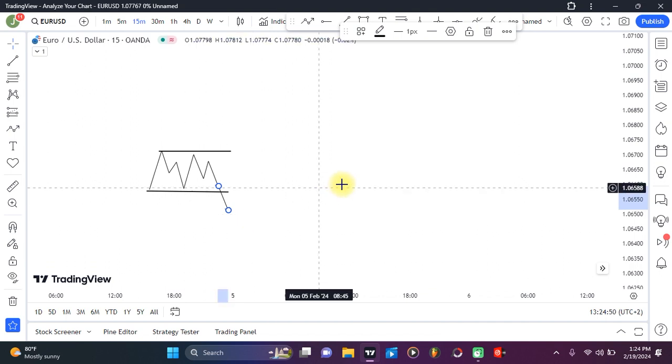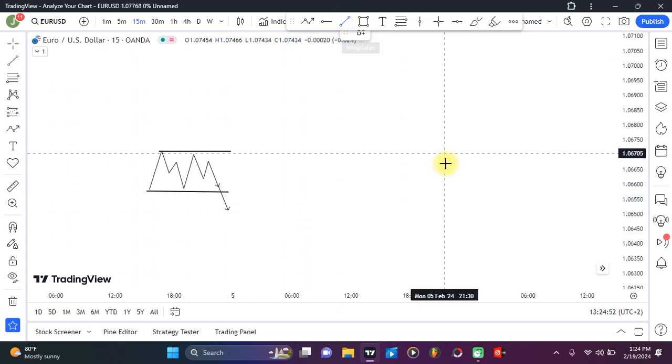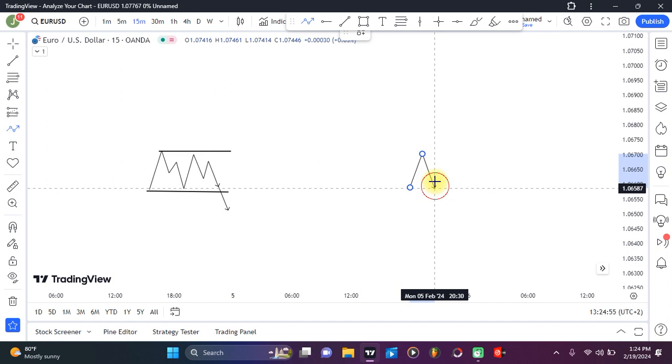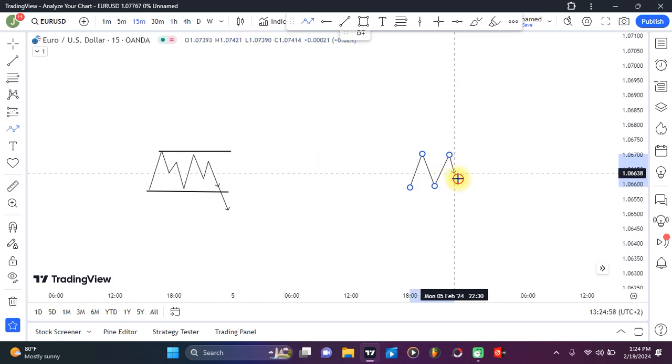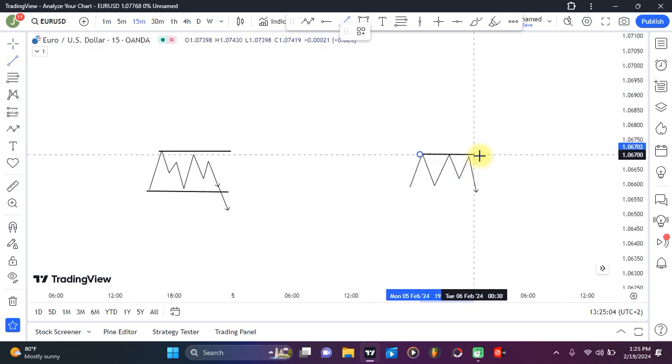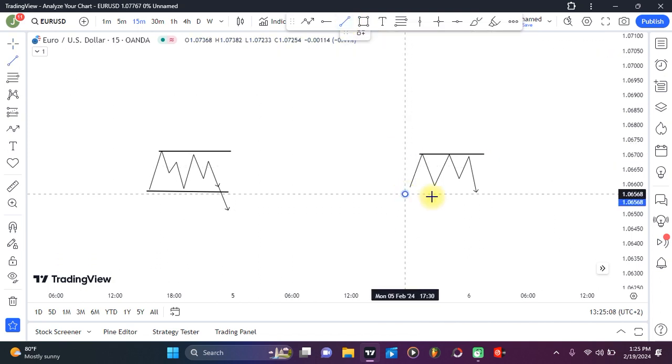And then for selling opportunities, we're going to wait for the same thing to happen. We're going to wait for the Asian session to play out first to give us a structure that we can work with, and then when the Asian session is done, we mark the highs and the lows of the Asian session.